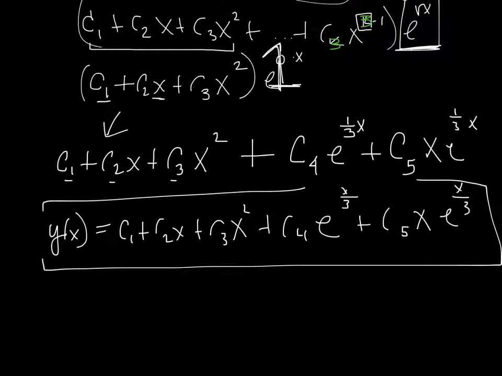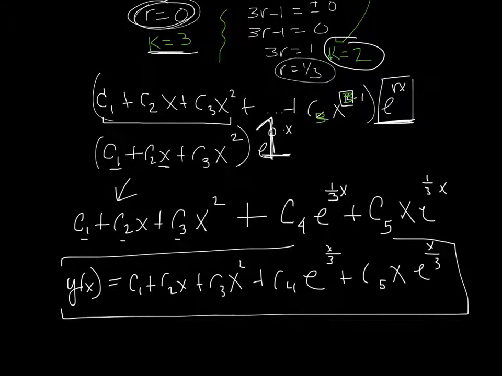One thing I do want to say, which I think is important: if you're wondering where they are getting this expression times e to the rx for the repeated roots, if you remember in section 2.2, I did talk a little bit about it. If you distribute this e to the rx to each term, this one is really e to the 0 in this case, since our r equals 0, so this is really 1. So you're really saying c1 times 1 plus c2 times 1.